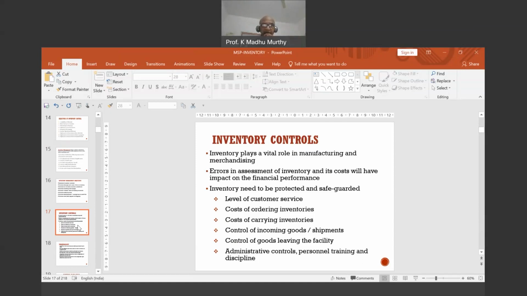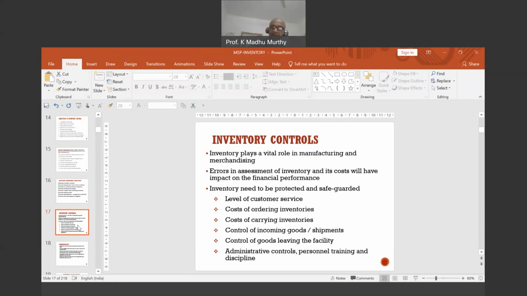Any errors that we commit here not only lead to costs, but also dissatisfaction amongst the customers. And it will naturally have implications on the financial performance of the organization.